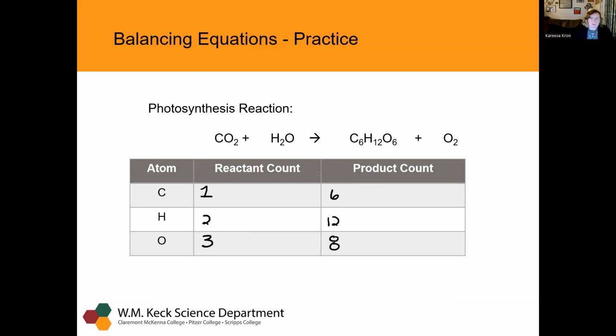And so the first thing I noticed is that we need many more carbons in our reactants in order to produce glucose over here. So the first thing I might attempt, and I'll do this in a different color so you can see the iterative process I go through, is if I put a 6 in front of CO2, then I get a new count for my system.